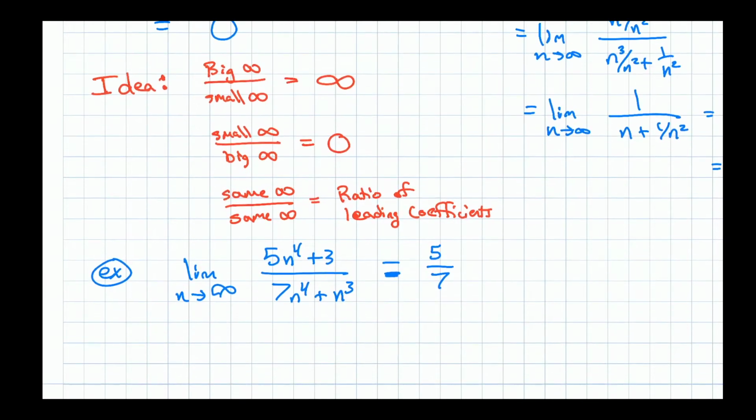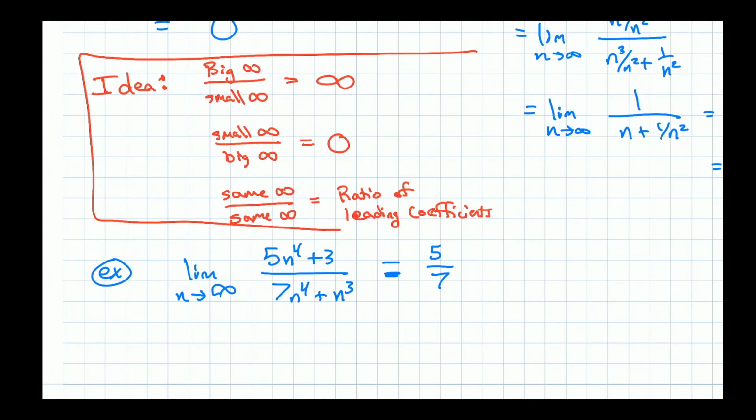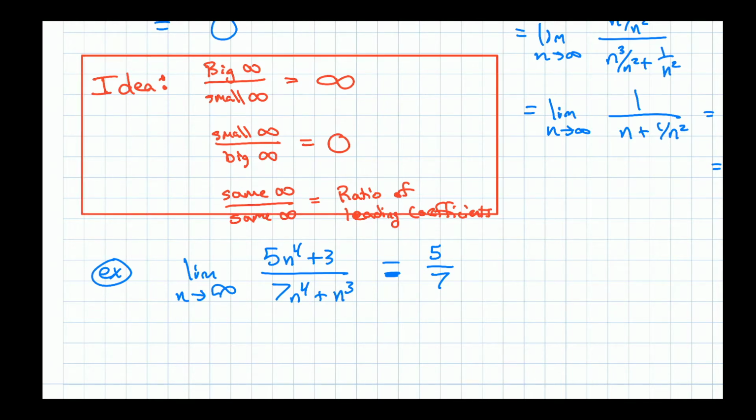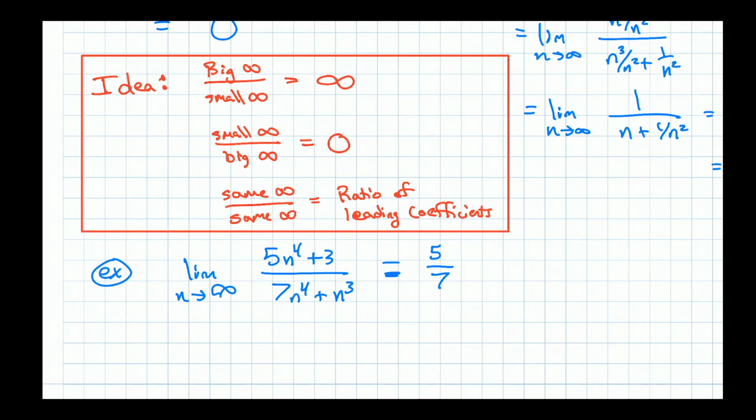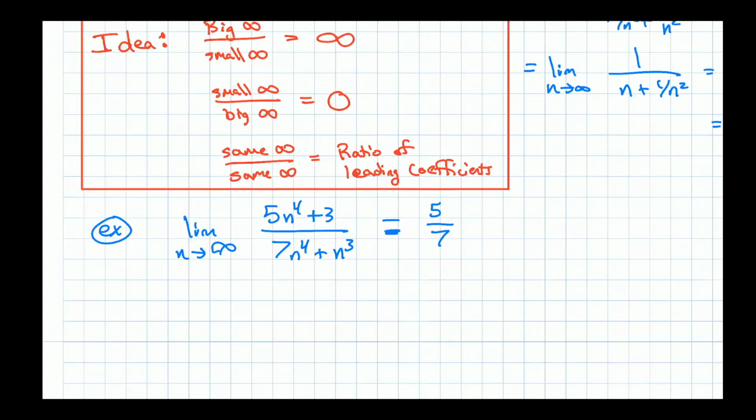Now, in order to make this idea useful, what you're going to want to know is, of course, what's big and what's small. If you make a little chart, a logarithm is pretty much the smallest thing you're going to see.